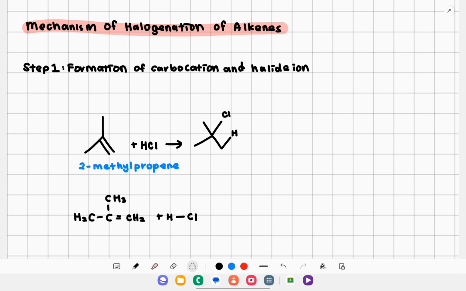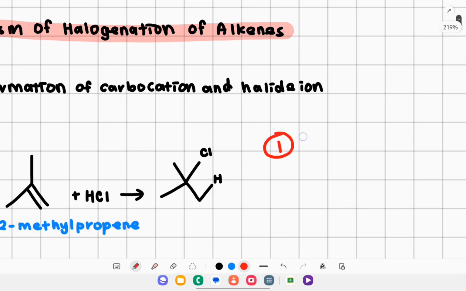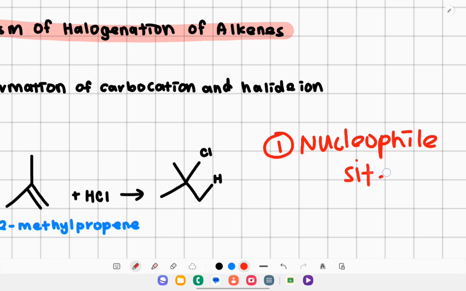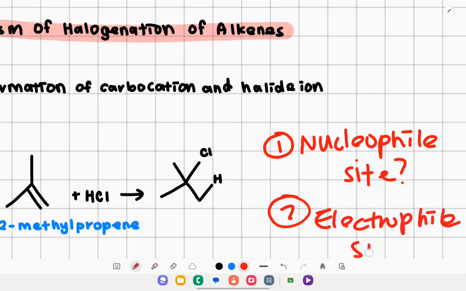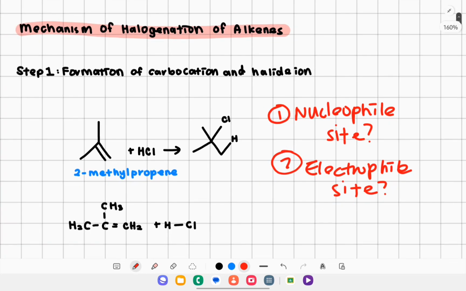So, for the first step, the formation of carbocation and halide ion, we need to know who is the nucleophile site. Second, we need to know who is the electrophile site. How can we identify this?